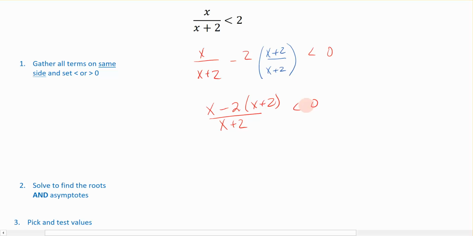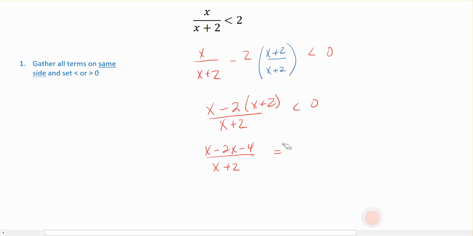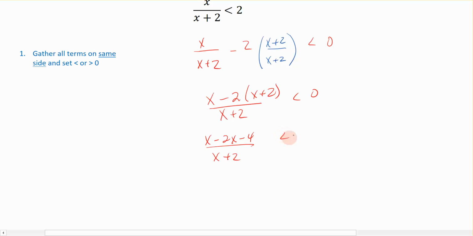Simplify the numerator now just a little bit more. So I have x minus 2x minus 4 over x plus 2, or, we'll keep going down, negative x minus 4 over x plus 2 less than 0.